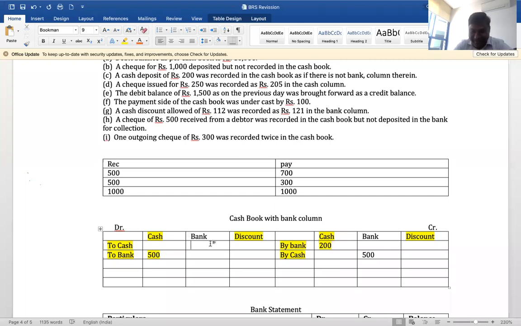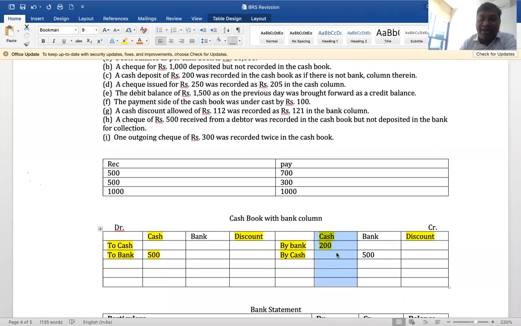Let sir talk once. Okay. Now, when you're preparing BRS, we are least bothered about what is written in the cash column, what is not written in the cash column. First, you come to that conclusion. That is immaterial for us. The cash column and discount column of the cash book are immaterial for us.